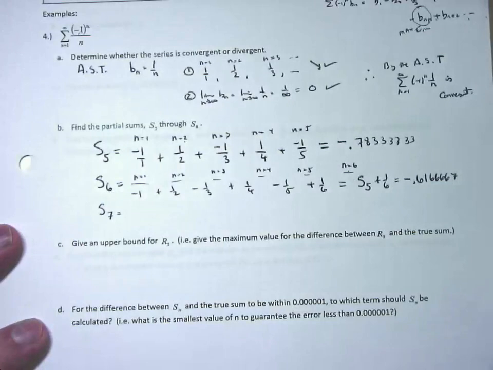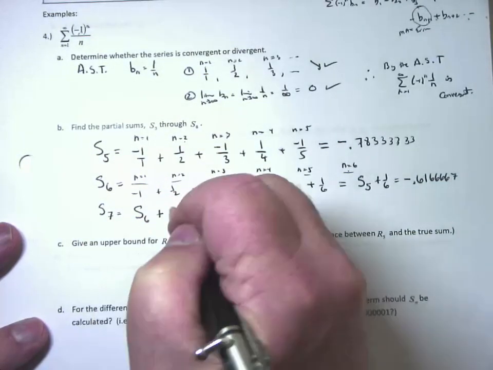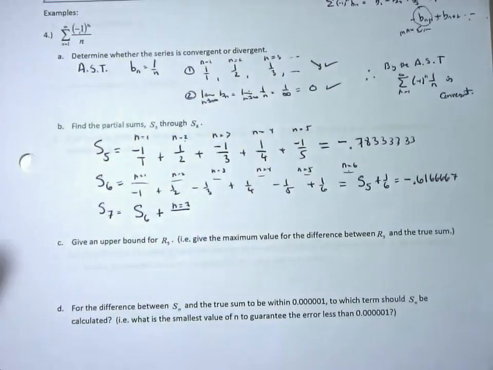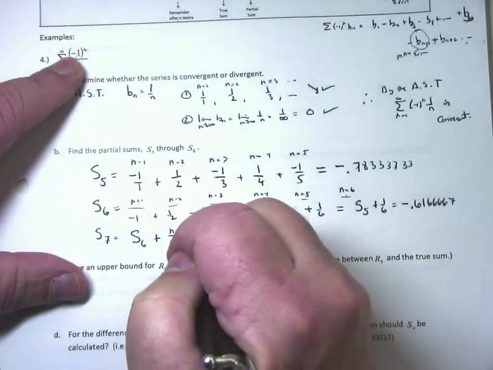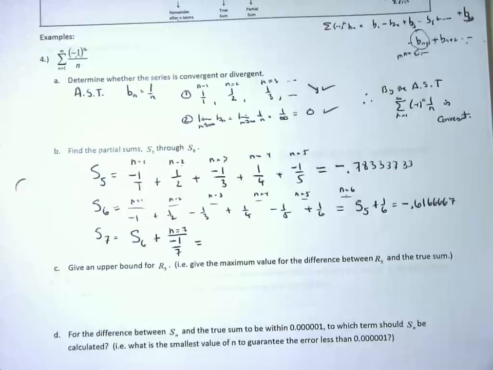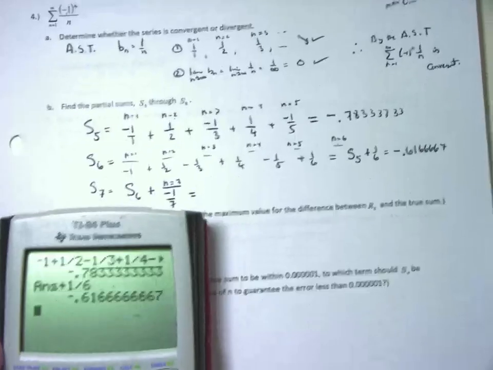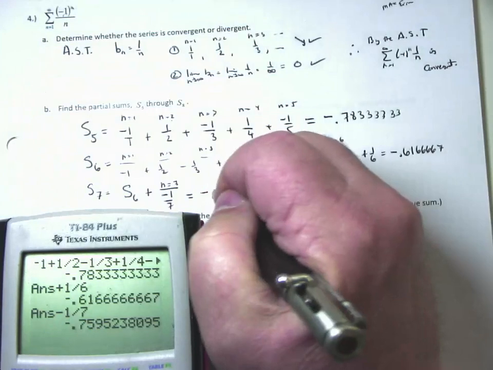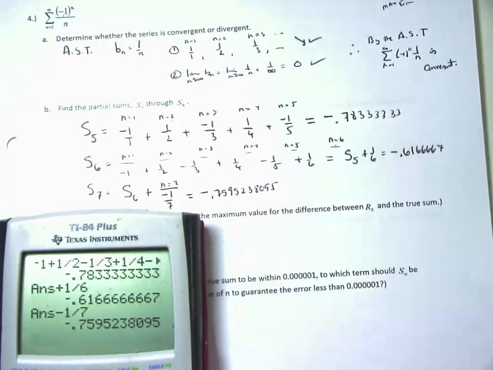So knowing the pattern here, what is S7? To calculate S7, you should add S6 plus one more, n equals 7. Does that make sense? When I plug n equals 7 in, negative 1 to the 7th power is negative 1 over 7. So this is going to give me the previous answer minus 1/7. I end up getting negative 0.7595238095.